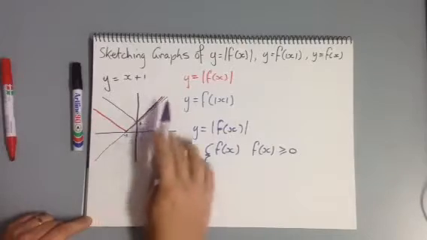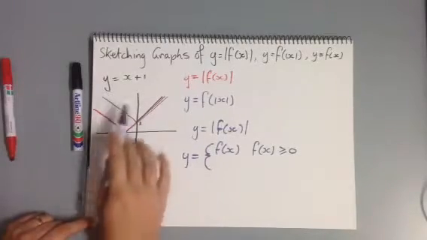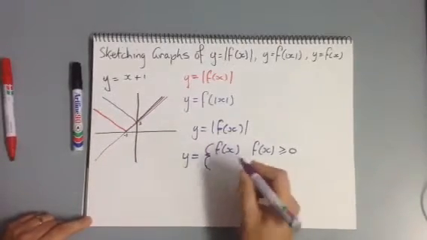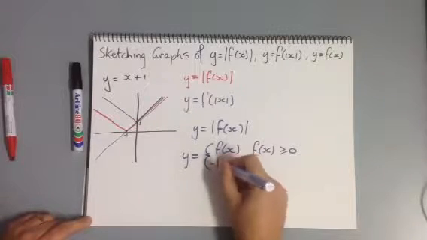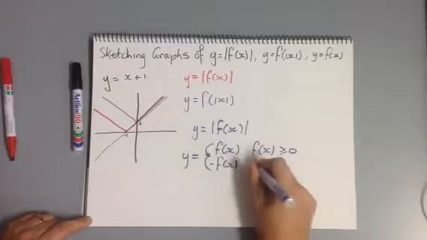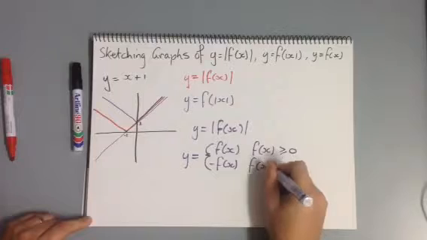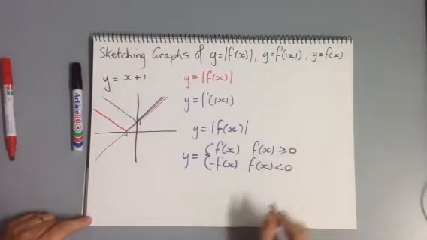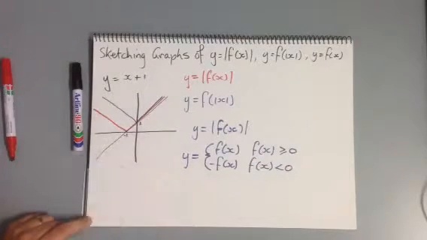So that's whenever we're above our x-axis, we're just talking about the normal function, but it's equal to negative f of x whenever our function has a negative value. Okay, so that was our values below the x-axis.